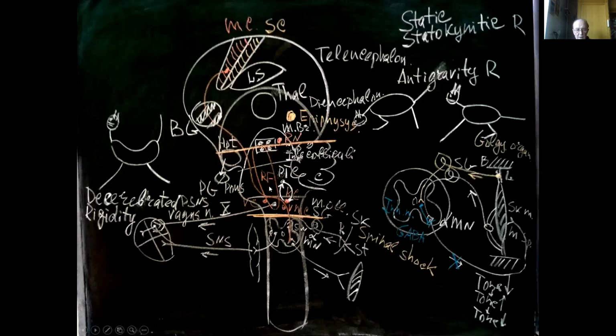The reticular formation has a lot of neurons, and it is located in the medulla oblongata, in the pons, and in the midbrain. It regulates the activity of the spinal cord, and at the same time the activity of the cortex and subcortical nuclei.